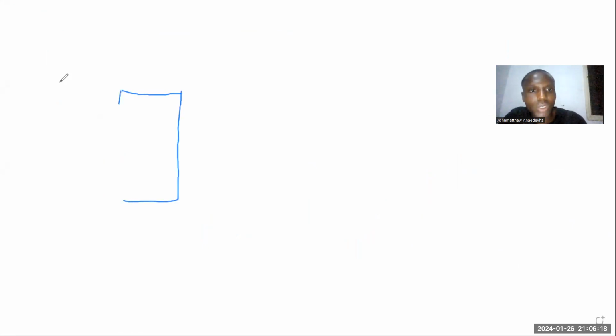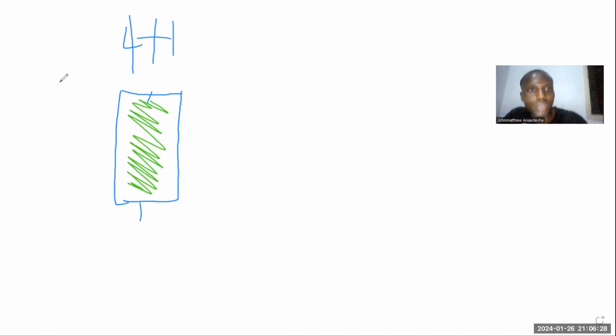So a bullish candlestick on the higher time frame, on the 4 hour time frame. So this is a bullish candlestick. On the higher time frame, on the 4 hour time frame, it represents an engulfing candle.